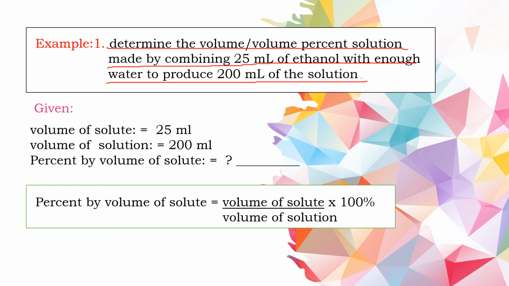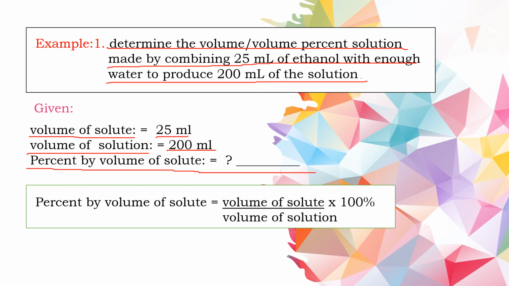Okay. So ano yung mga given? The volume of solute is 25 ml. The volume of solution is 200 ml, or milliliters. So ang hanapin po natin ay percent by volume of solute, that is the unknown.